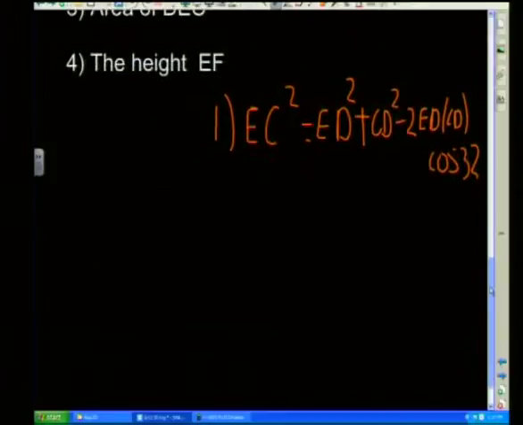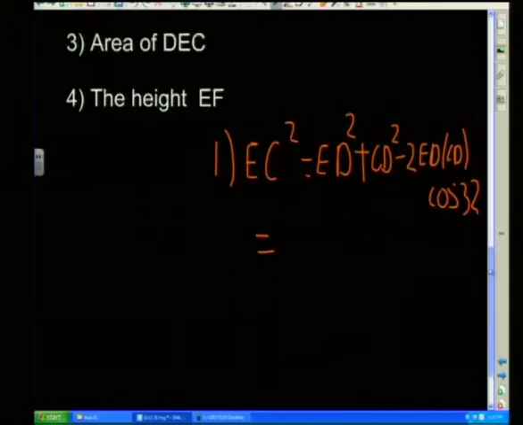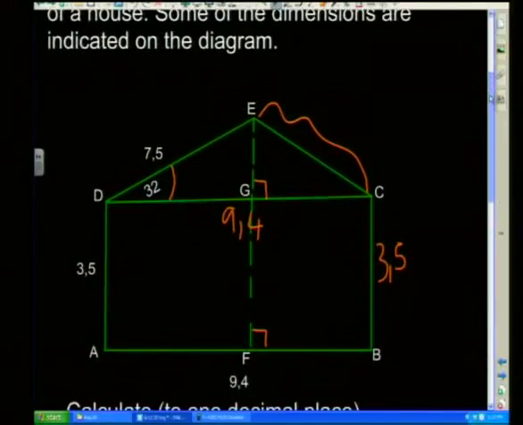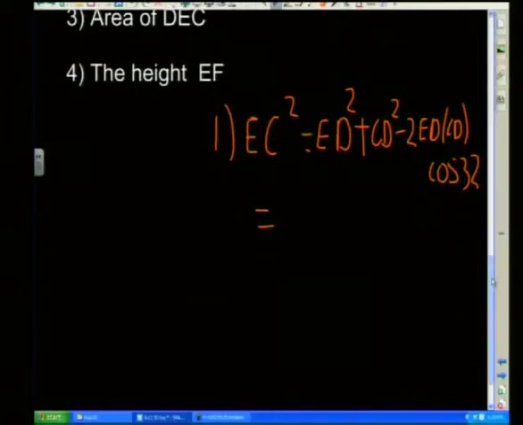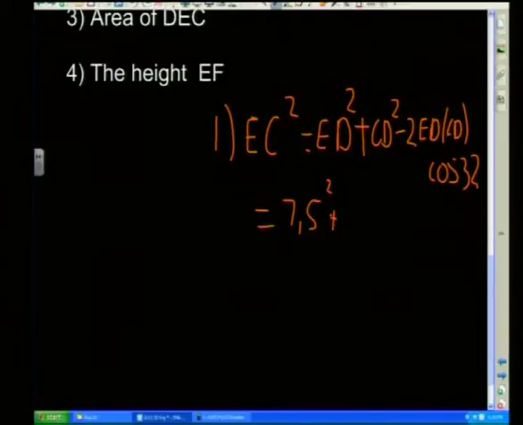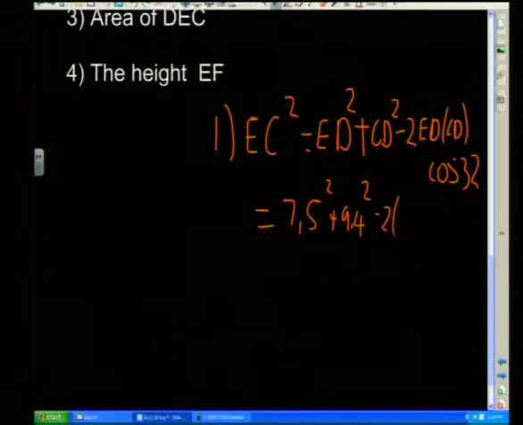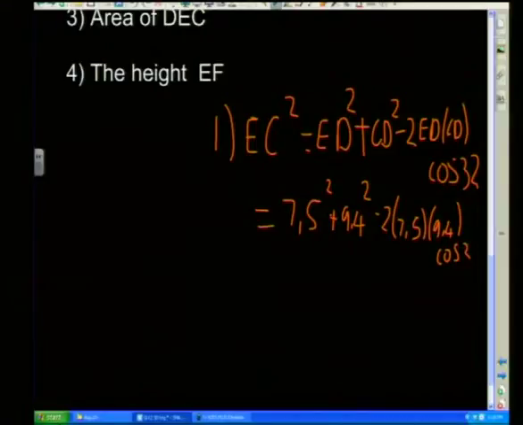So let's fill in all of the values that we have. ED is 7,5 and DC is 9,4. So it's 7,5 squared plus 9,4 squared, minus 2 times the product of the two sides, and then we squeeze in cos of that included angle, 32.